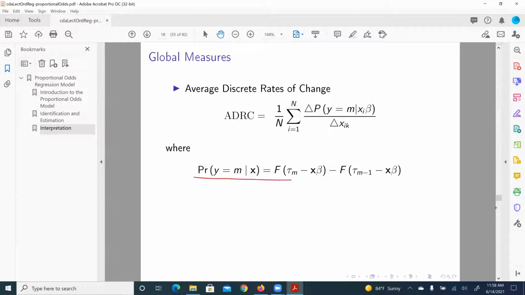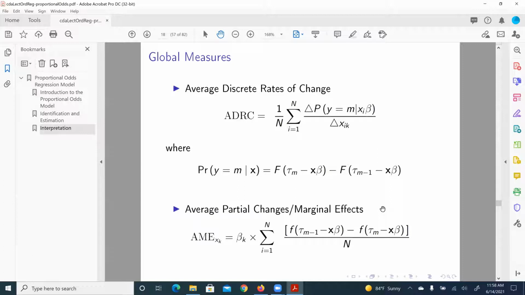Again, this is a reminder for how to calculate probability for a response level. So how do we calculate the average partial change or marginal effect? Since this is the formula for calculating probability, the average partial change or marginal effect is the derivative of the predicted probability with respect to xk.